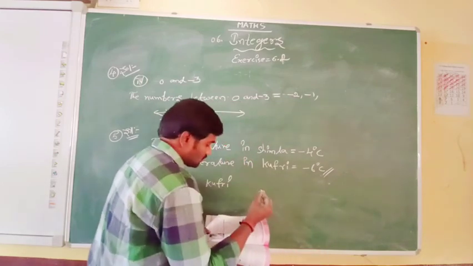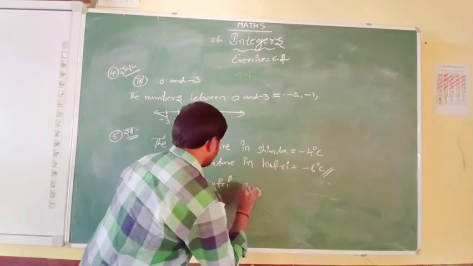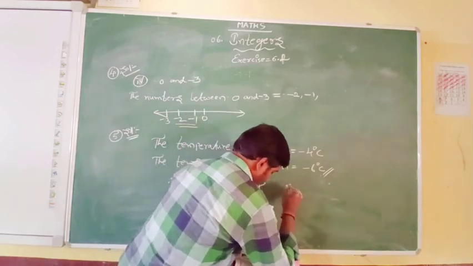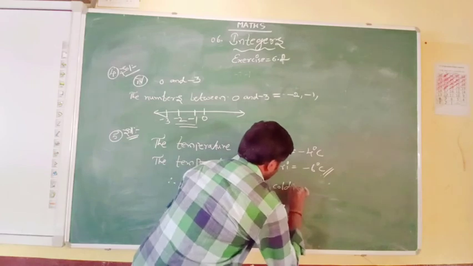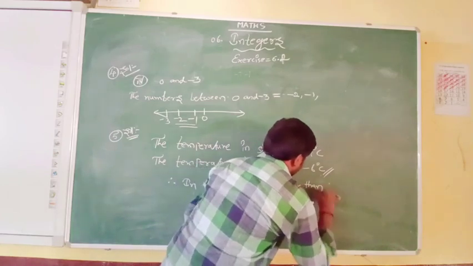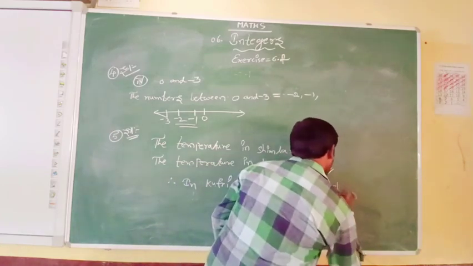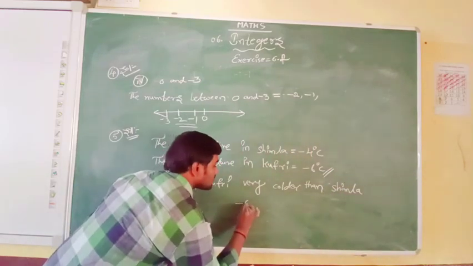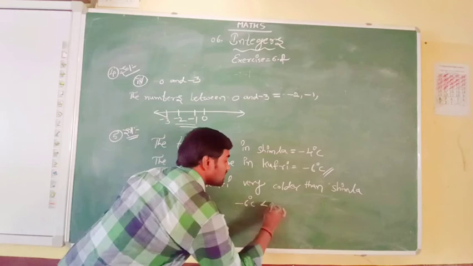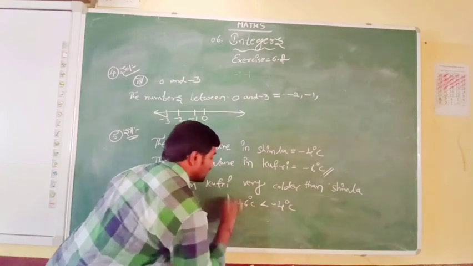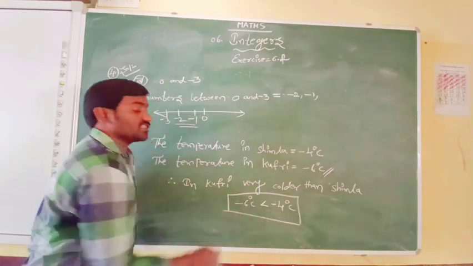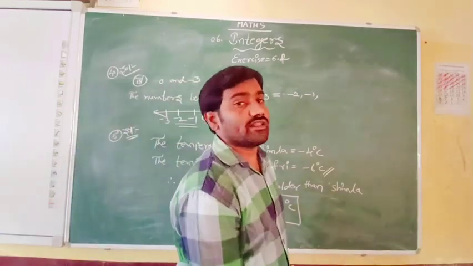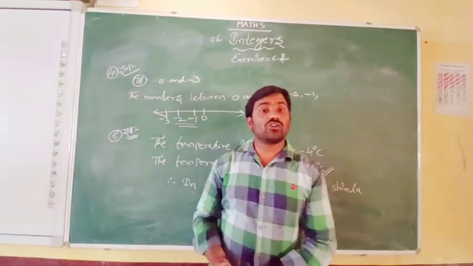Kufri is colder than Shimla, because minus 6 degrees centigrade is less than minus 4 degrees centigrade. That's why we feel more cool in Kufri in these two particular cities.